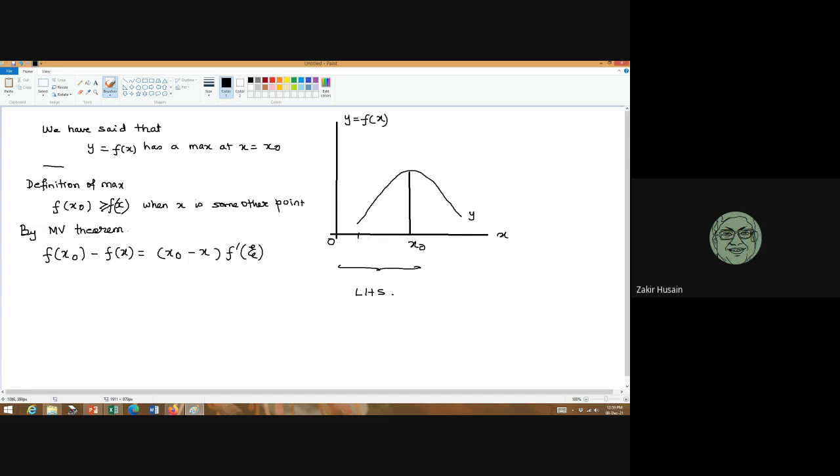So I'm taking a point on the left-hand side, which is x, any point over here. What is this equal to? What is the sign of this?